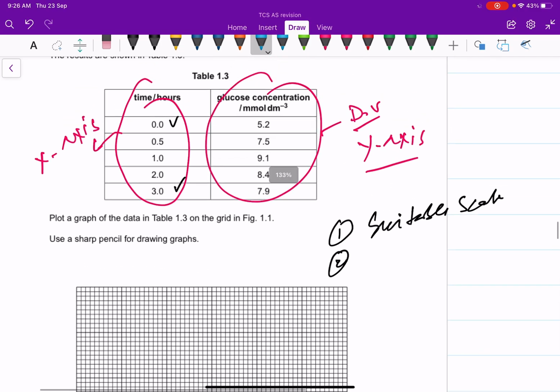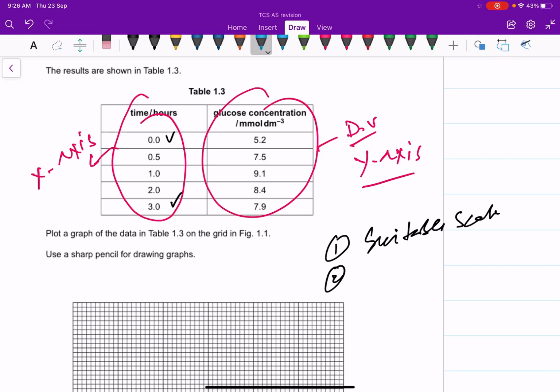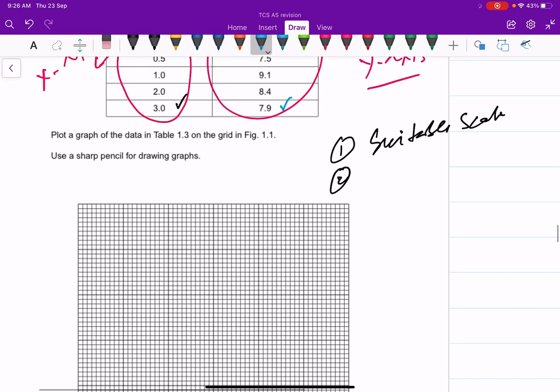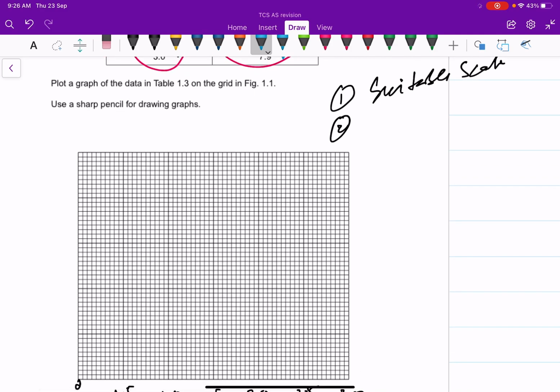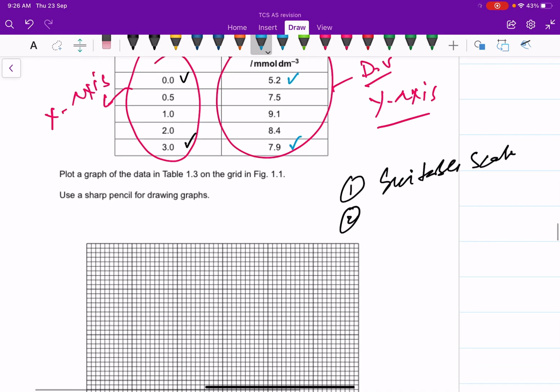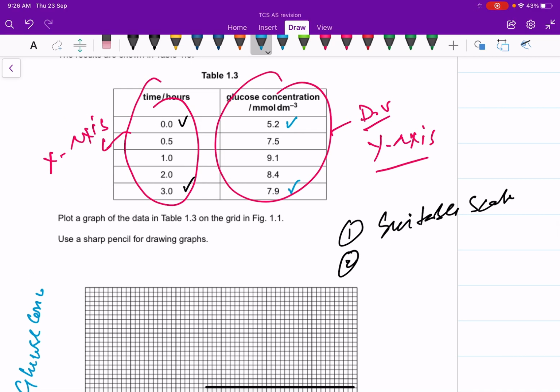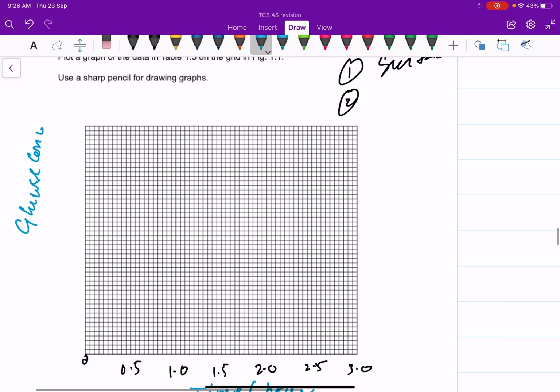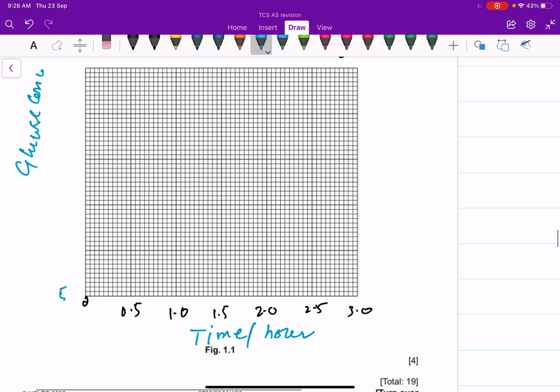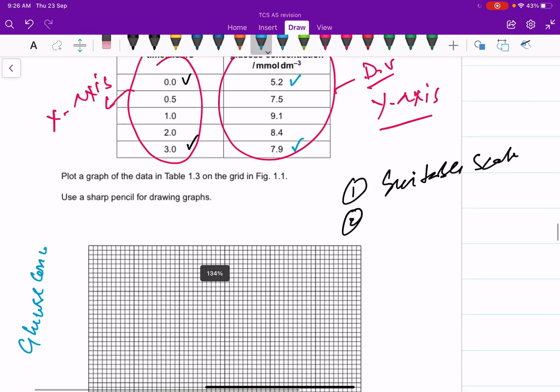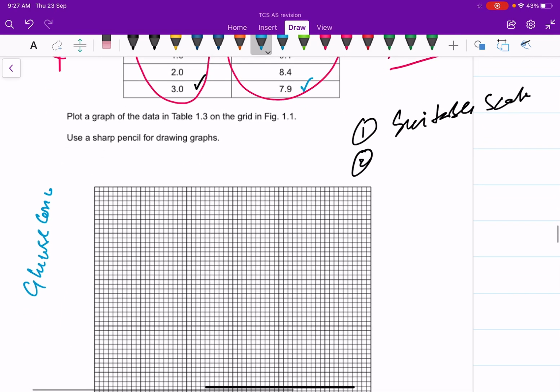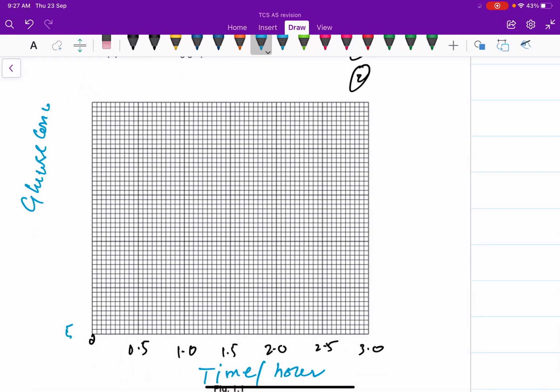Similarly, you can decide these values. They range from 5.2 to 7.9. Similarly, you should work on the y-axis. Label this glucose concentration. Okay, and it is 5.2 to 7.9. So if I start with 5 here, and I end it at maybe 8 or 9 here, so this may be 5, 6, 7, 8 or 9.